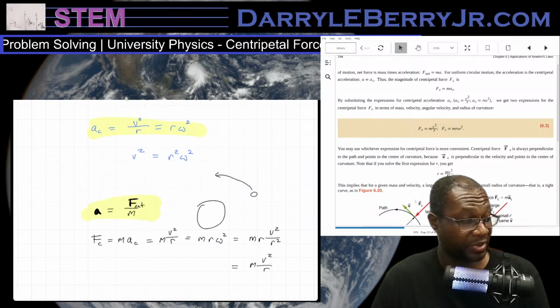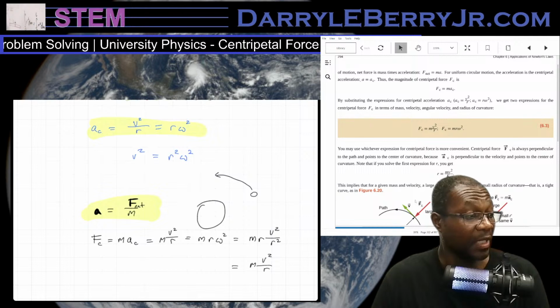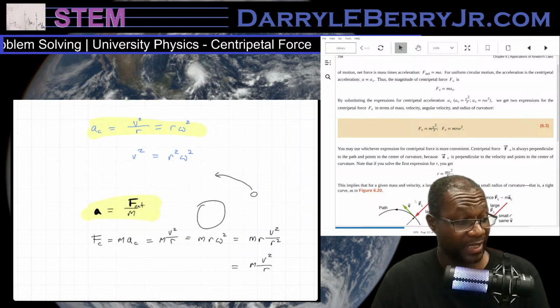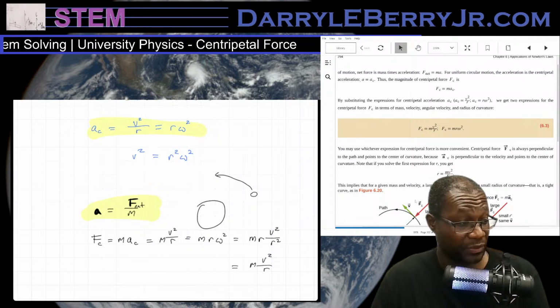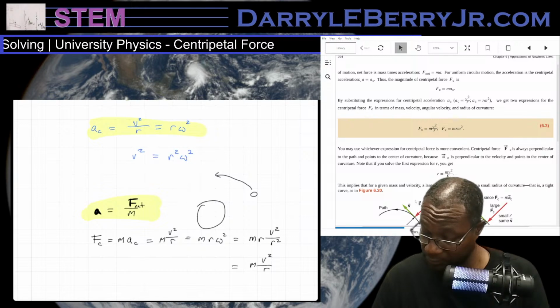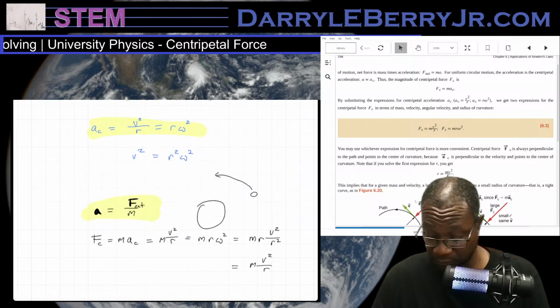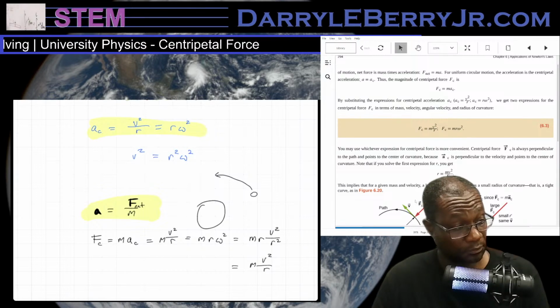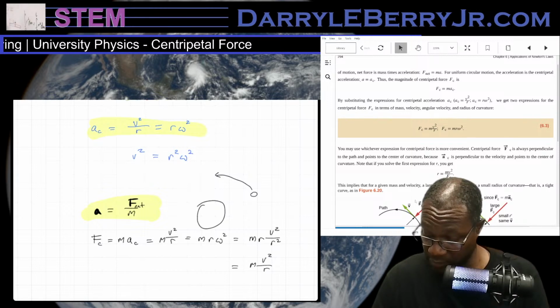Centripetal force is always perpendicular to the path and points to the center of curvature because a_c is perpendicular to the velocity and points to the center of curvature. Note that if you solve the first expression for r, you get r equals m v squared over F_c.